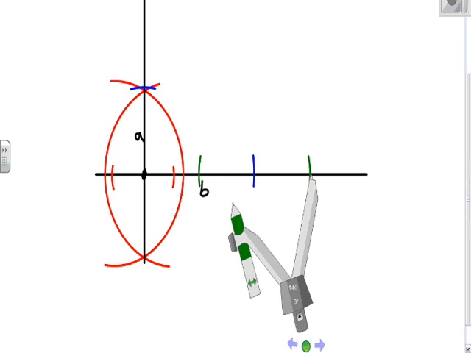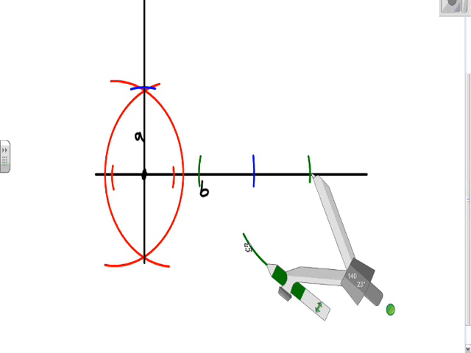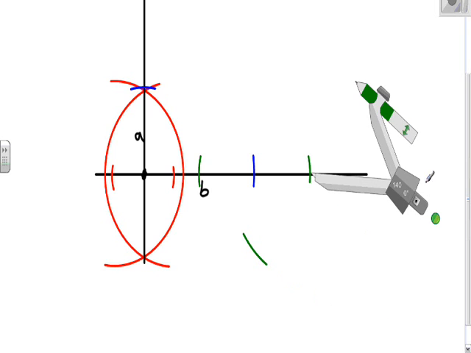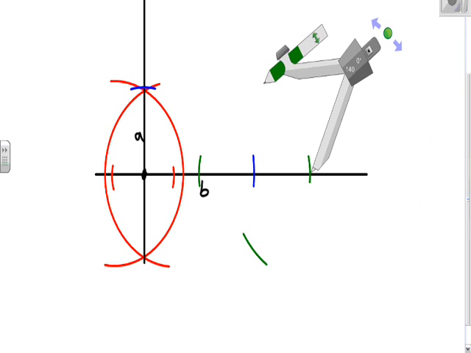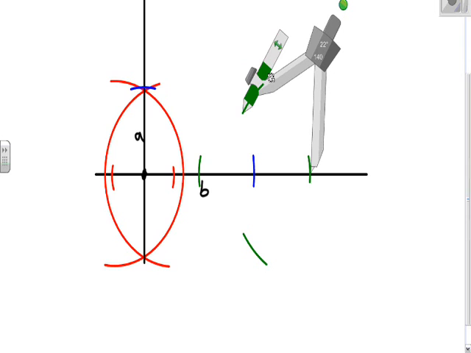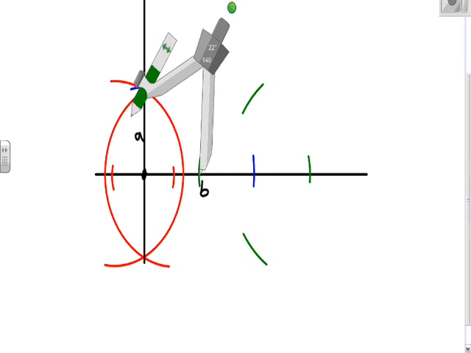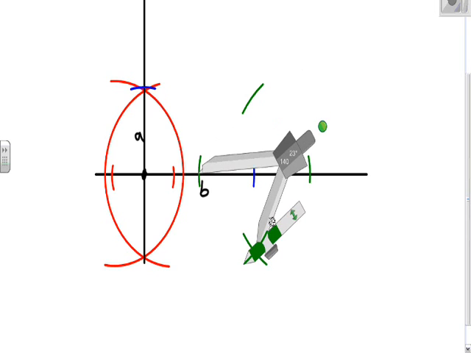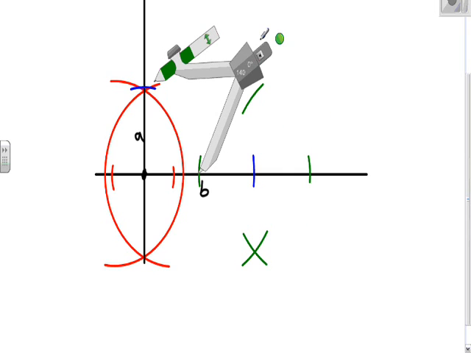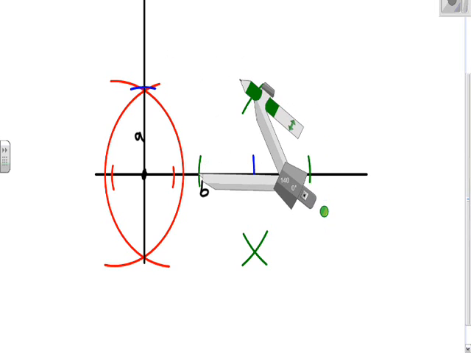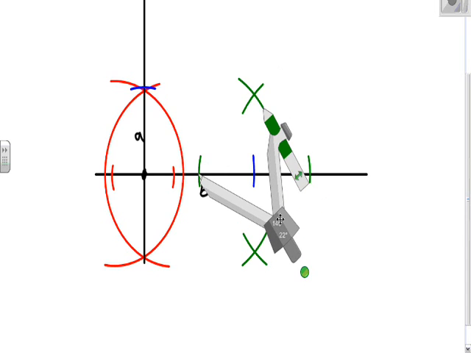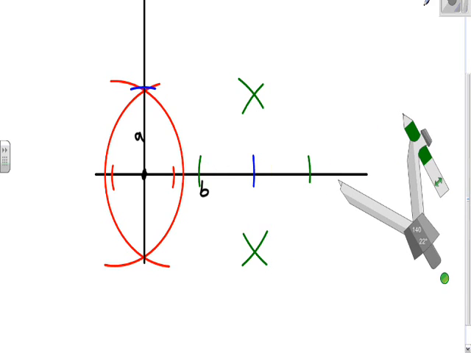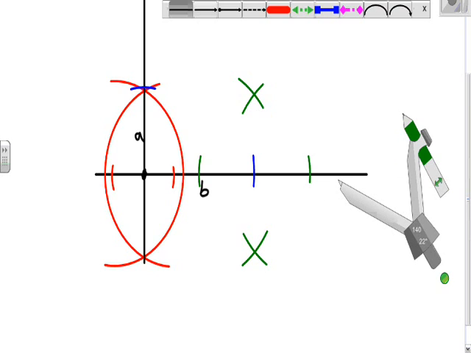And from there, draw the arcs so we can construct our perpendicular line.